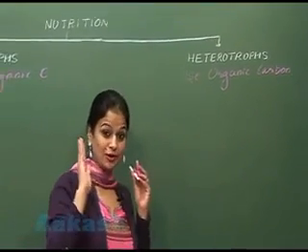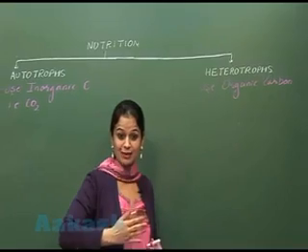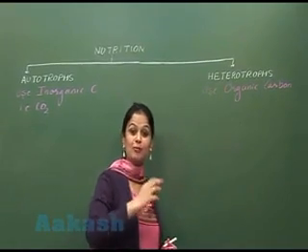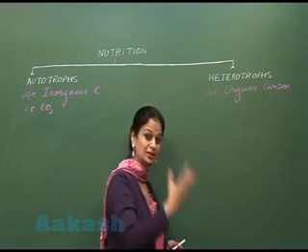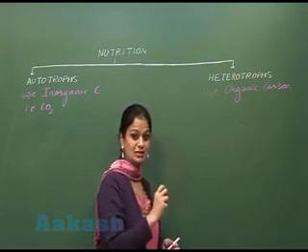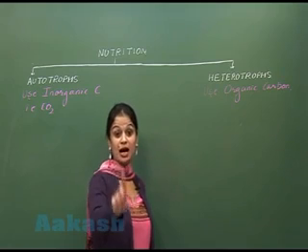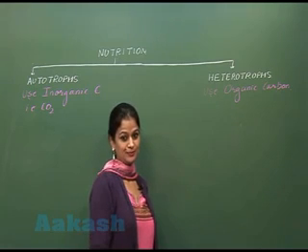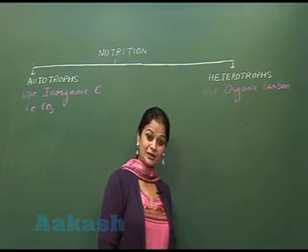They can use organic compounds. So you know that these organic compounds are already formed by some other organisms. It means they are dependent on other organisms for the carbon requirement.